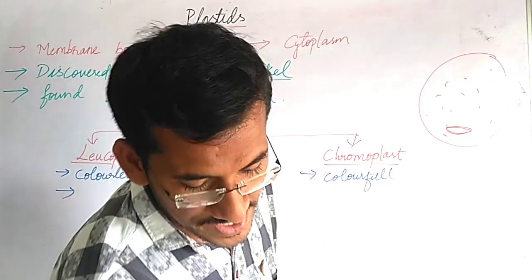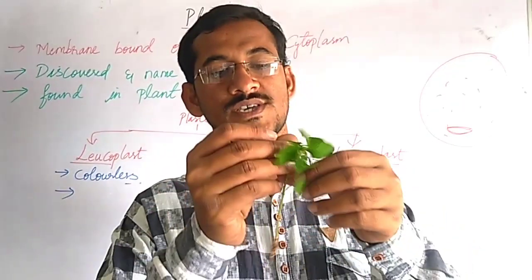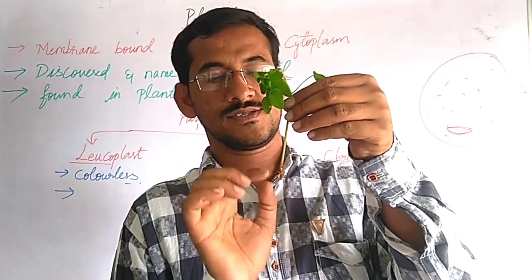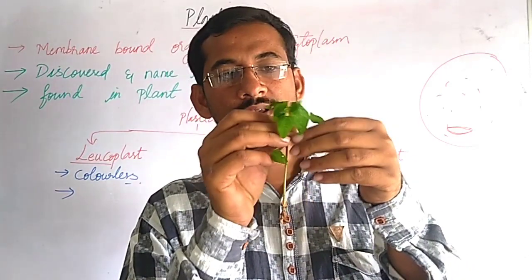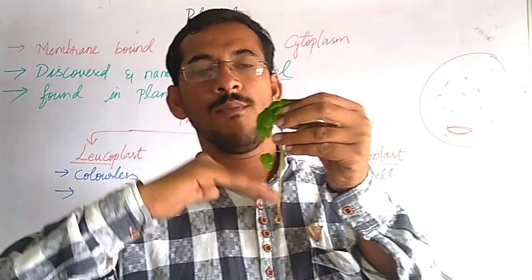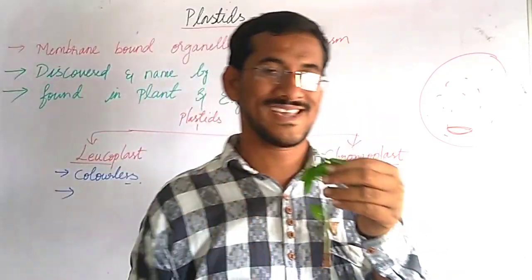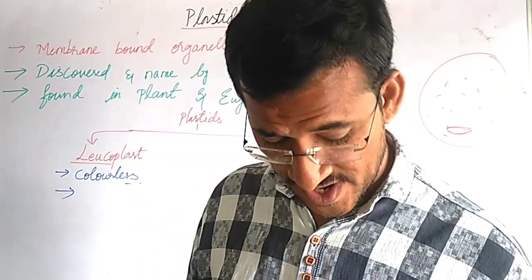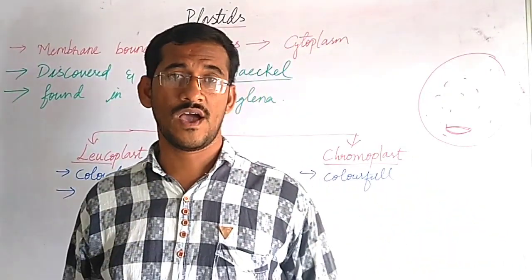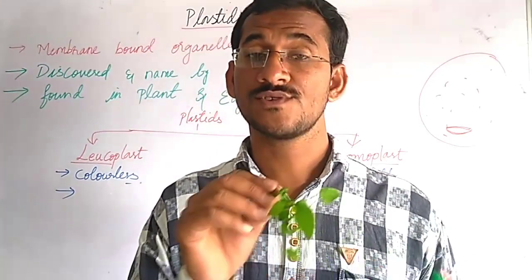Chromoplasts are present in a plant part which is above the ground. See, this is stem, branches, leaf, flower, fruit. Everything is above the ground and exposed to sunlight. And these are colorful. You might have seen different colors of fruit, flowers, and leaves also.